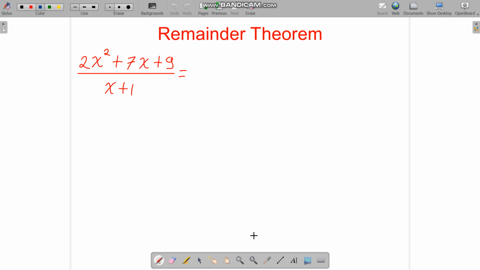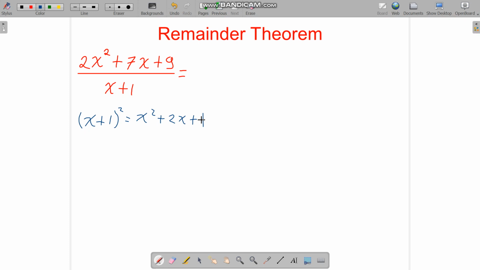Alright, last example. So we are expressing this in terms of x plus 1. As we have a square here, let's expand x plus 1 all squared. That's x squared plus 2x plus 1.